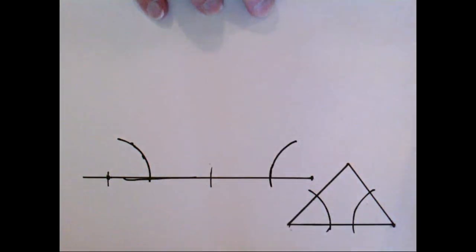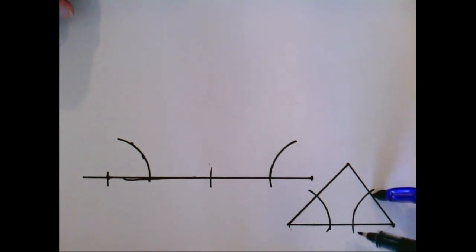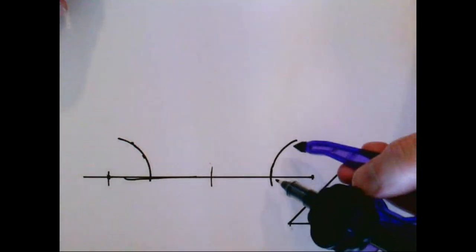Now I need to go back over here to the original triangle and I need to do some measuring. So from this vertex, this one that's on the left, I'm going to measure the distance between these 2 intersection points. So it's that far. I need that same distance over here.